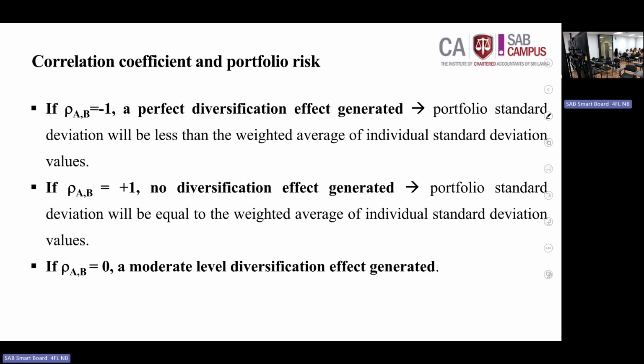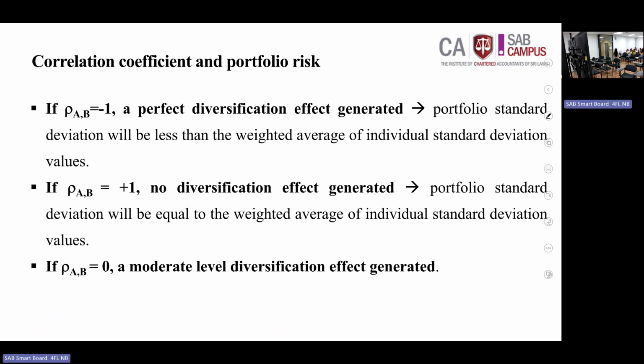Diversification impact can be captured by the correlation coefficient metric. We know correlation coefficient varies from -1 to +1. Accordingly, we have three different stages. First one, perfectly positive. The other one, perfectly negative. The other one, zero. That means moderate.